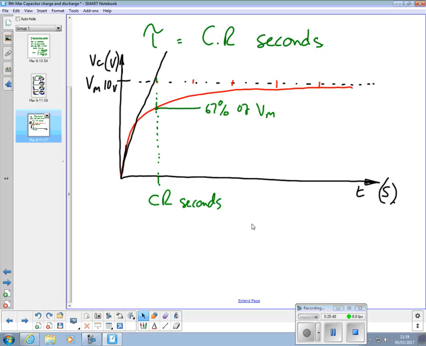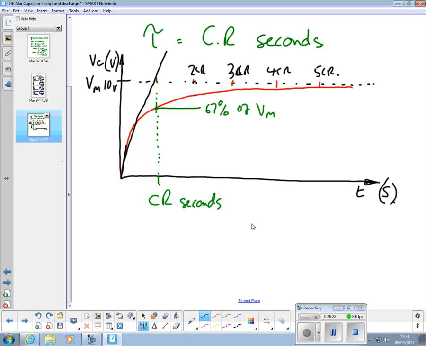And then after one more time constant, because the slope is reduced, so that's 2 CR, it'll move another 67% of the distance between there and the top. It's a very repeatable thing. If the difference there is 3 volts, it'll move another 67% of 3 volts in the next time constant. Then 3 CR, 4 CR, 5 CR.